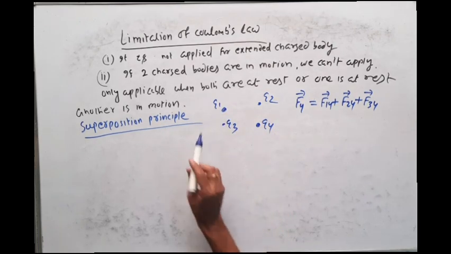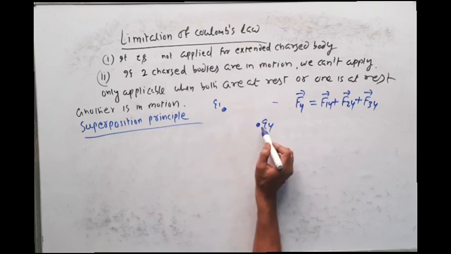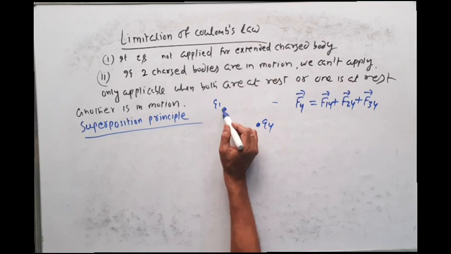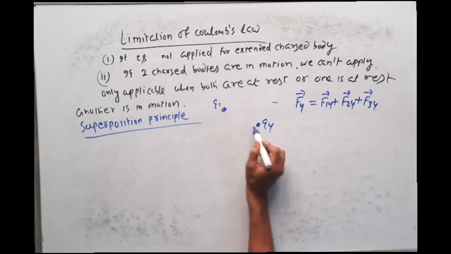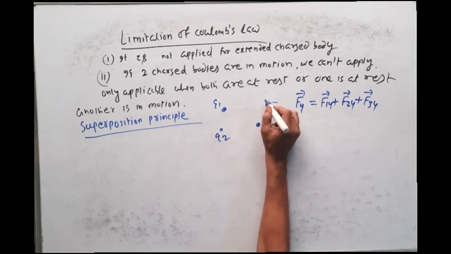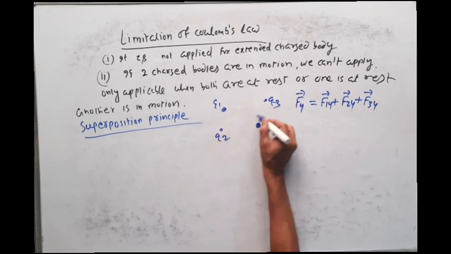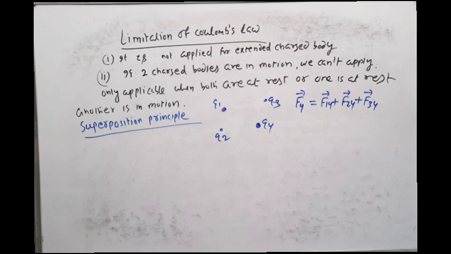Suppose there is no Q2, no Q3, only Q1 and Q4 are there. When you calculate the force between these two bodies, you get the same formula and same magnitude even if other charges are also present. But the net force on any charged body depends upon the presence of other charged bodies. I think it is clear. So this is called the superposition principle.